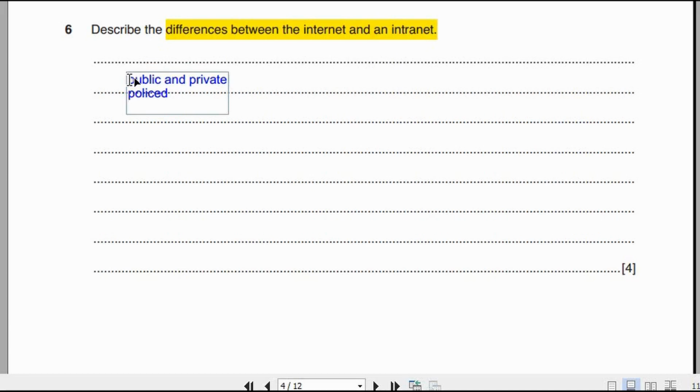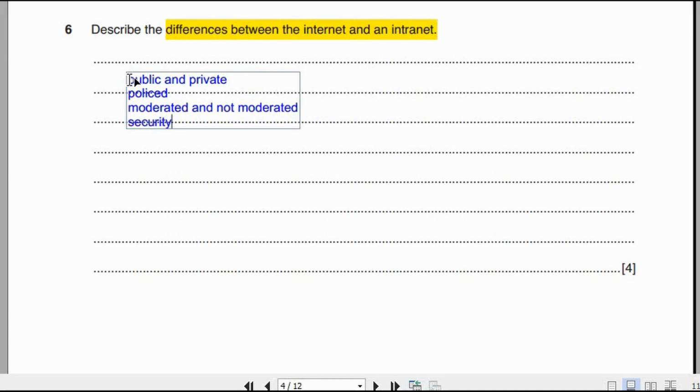Now a private network like an intranet can be moderated, while the internet is a non-moderated network. So this can be another point. The fourth point can be security.